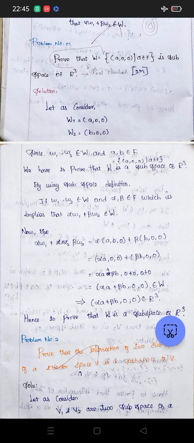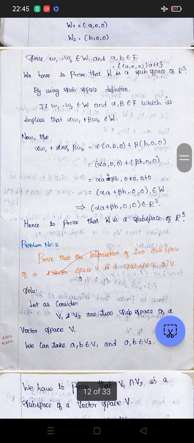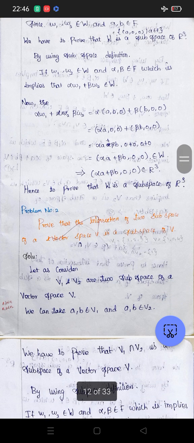Since W1, W2 belongs to capital W and a, b belongs to F, it's a given statement. We have next to prove that W is a subspace of the vector space R cube. By using the subspace definition, it says that W1, W2 belongs to W and alpha, beta belongs to F, which implies that alpha W1 plus beta W2 belongs to capital W.